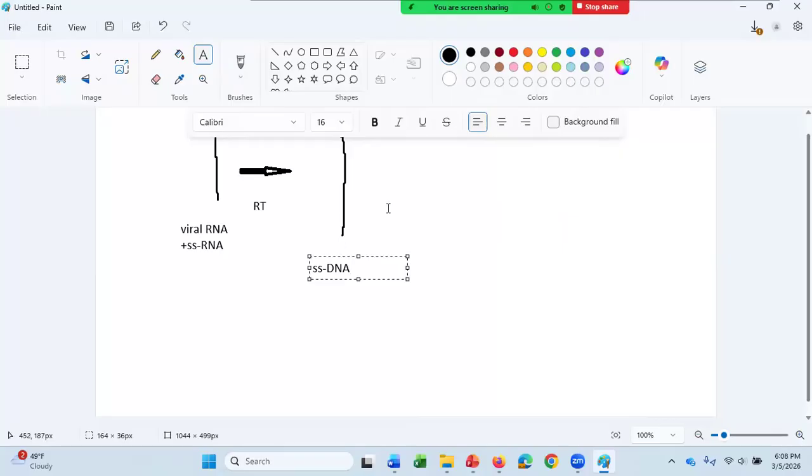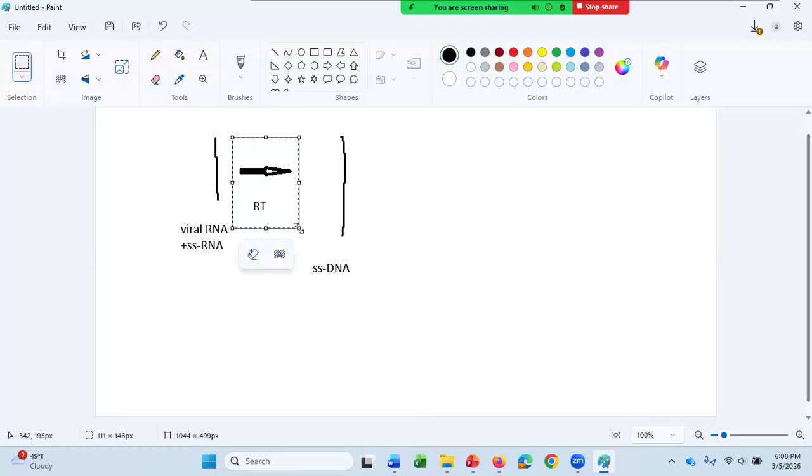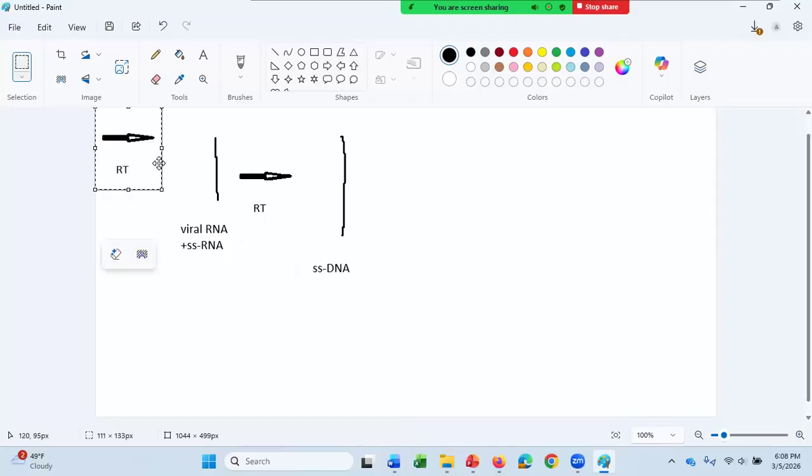And then the single strand DNA, reverse transcriptase can work on single strand DNA to make double strand DNA.